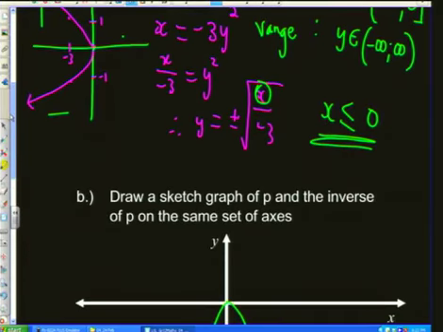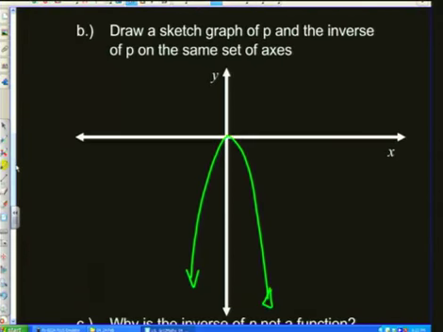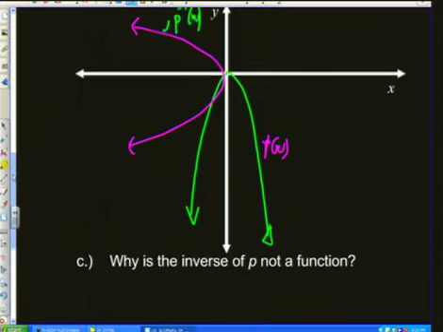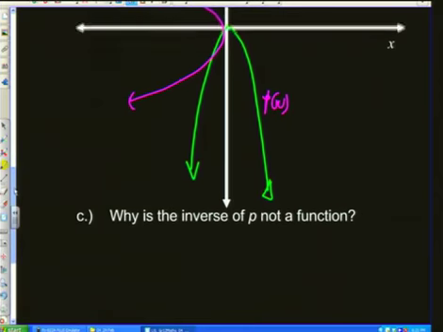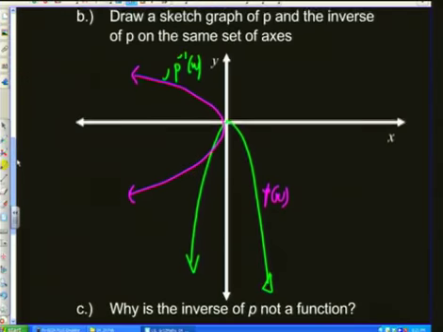We've already drawn the inverse for you, but I'll quickly do it on the same set of axes, in a different color. So this is your P(x), and this is your P inverse of x. This is the original function, and that bluish one is your inverse.